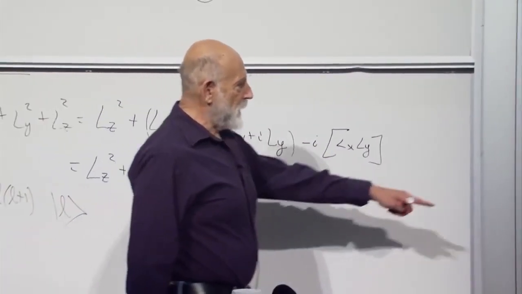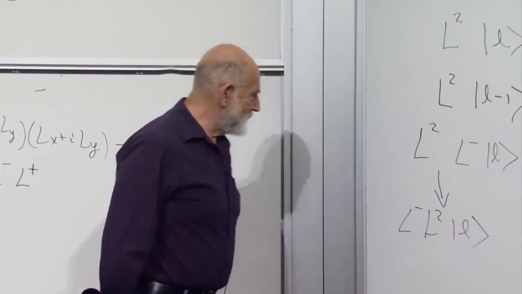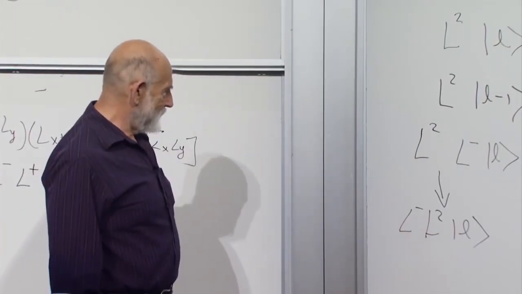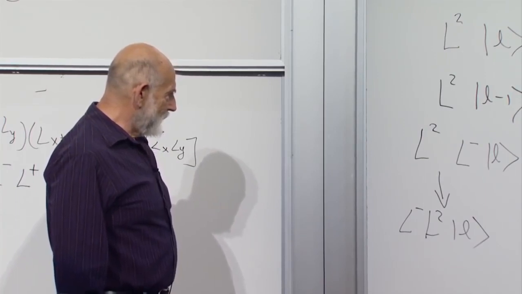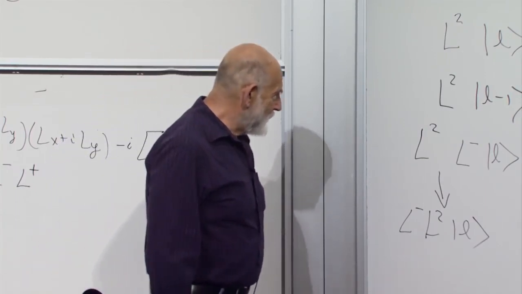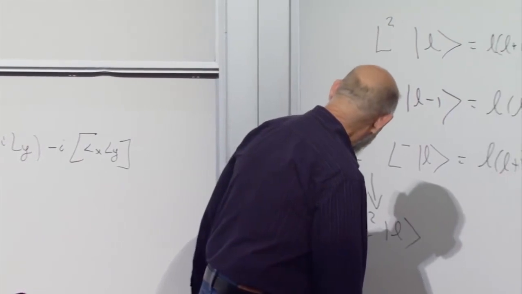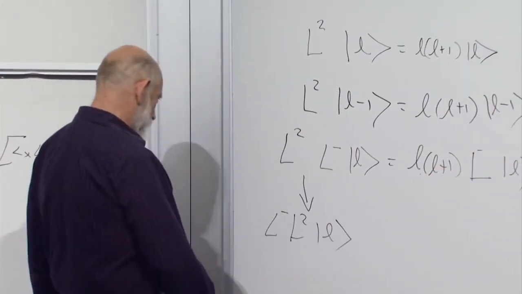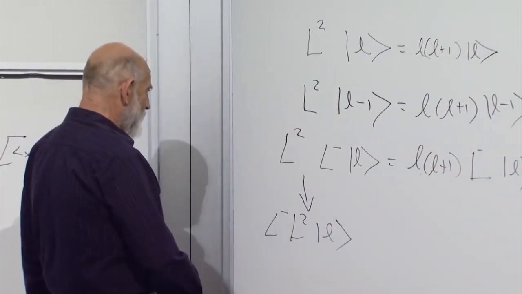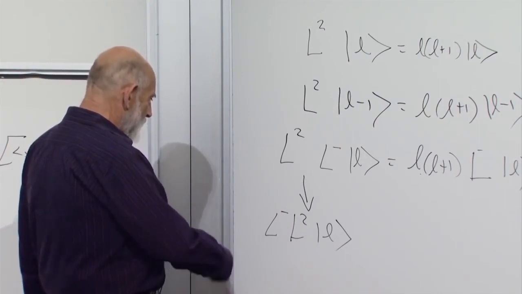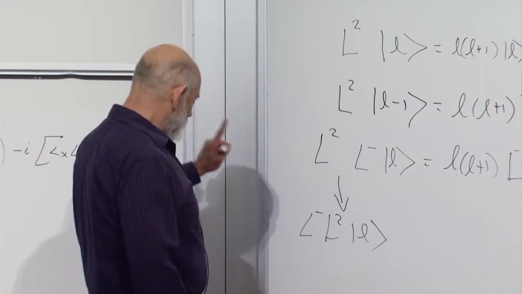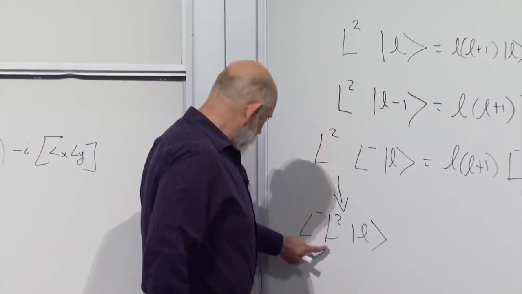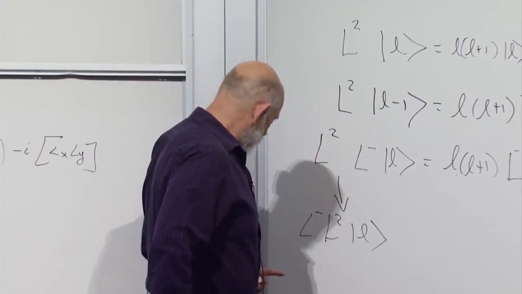But what's L squared on L? If this commutes with this, we can push this through here.